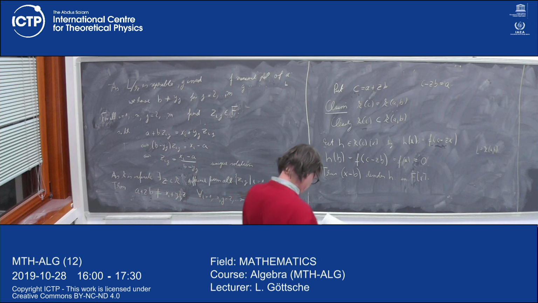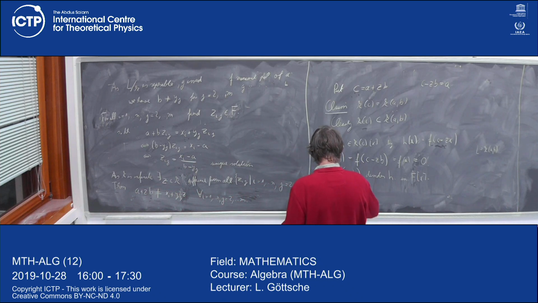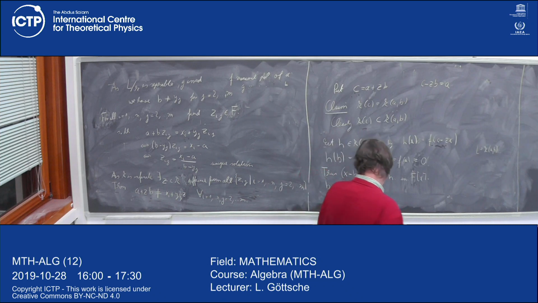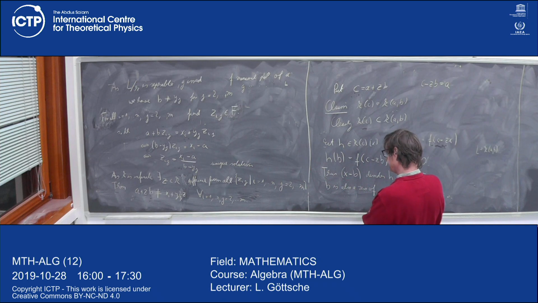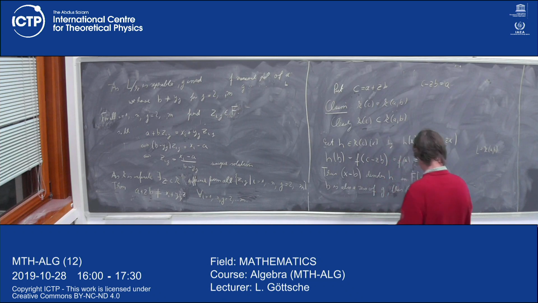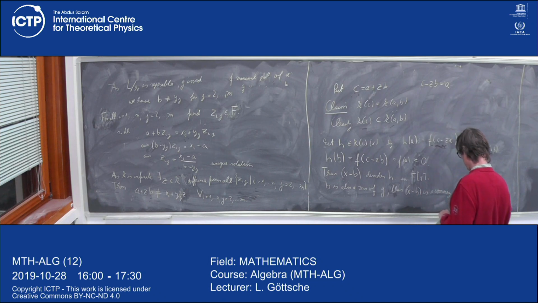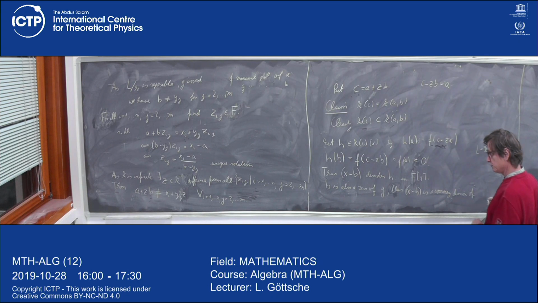So b is also a zero of g in F, thus x minus b is a common divisor of these two, of h and g in F[x].